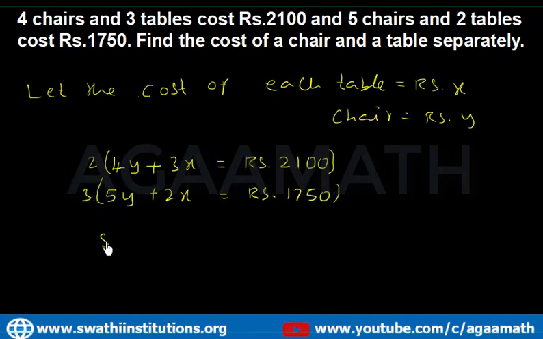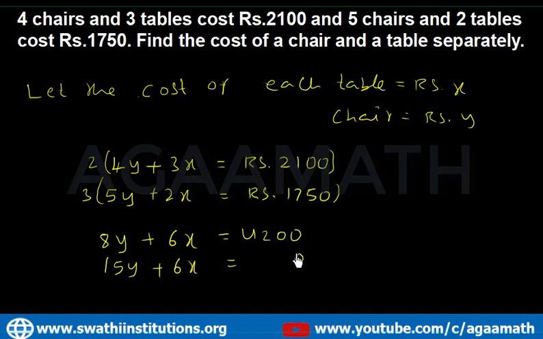That becomes 8y plus 6x equals 2 times 2100, which is 4200. Similarly, 15y plus 6x equals 3 times 1750.